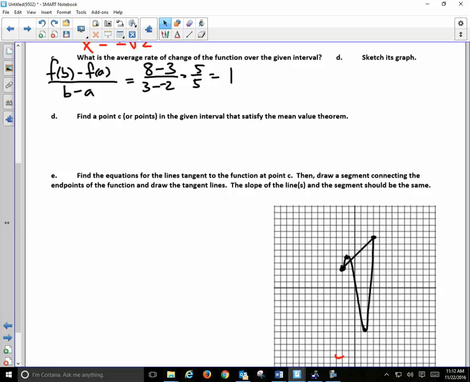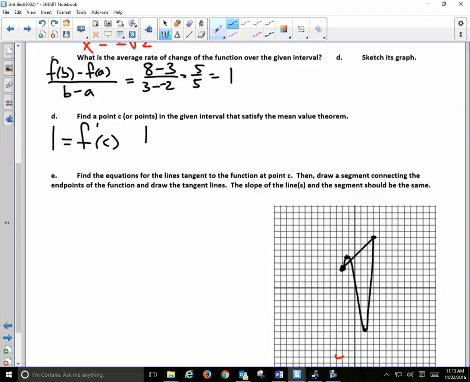Let's find those spots. It says find a point C in the interval that satisfies the mean value theorem. Well, I take f of b minus f of a over b minus a, which is 1, and I set it equal to f prime of c. Meaning we set it equal to the derivative and we find c.